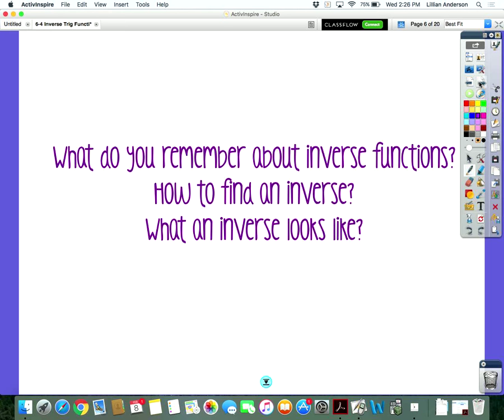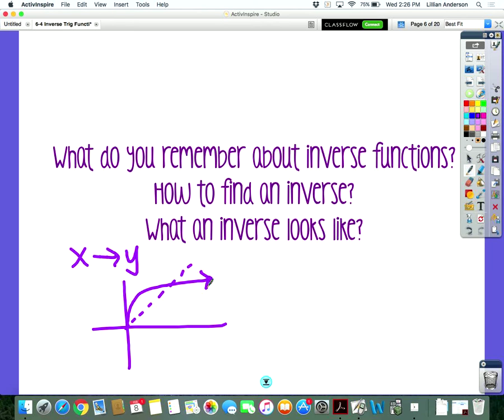Y equals x. So you switched your x's and your y's. X became y, y became x. When you graphed it, you reflect it over that line y equals x. So if the graph went like this, the inverse is reflected over it. And you will always find the points on your inverse by switching your x and y's.